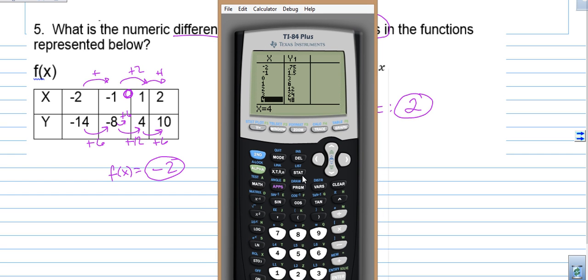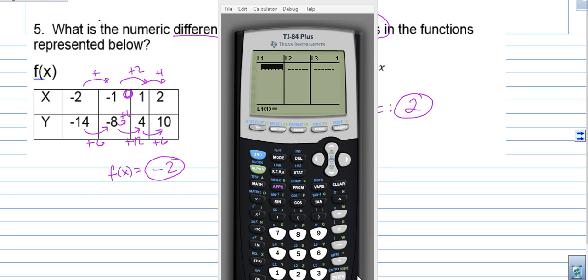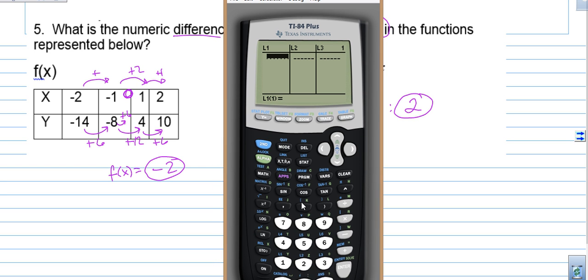The next way you could have done it is you could have used your calculator to find f of x's by using the stat function in the calculator. So for the x values, you'd have negative 2, negative 1, 1, and 2. And then for the y values, you had negative 14, negative 8, 4, and 10.